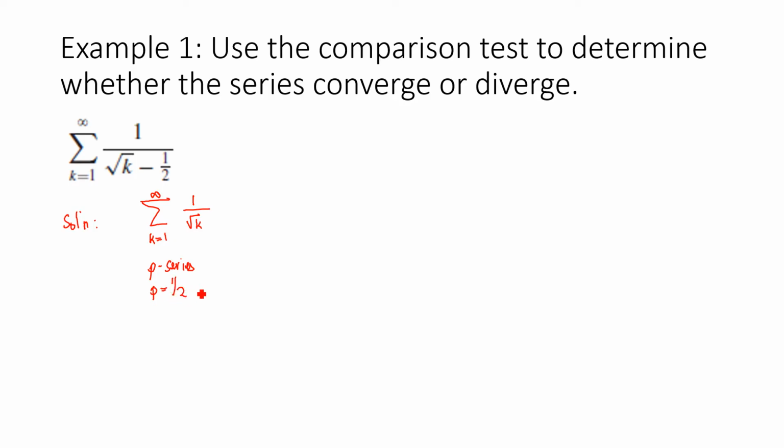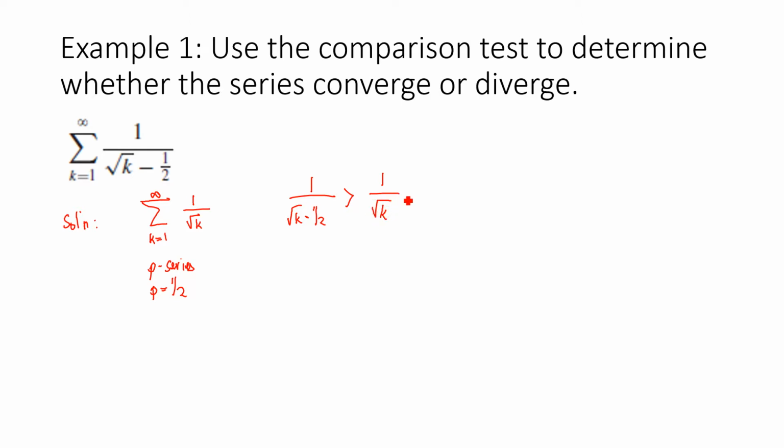Thus, we will guess that the given series diverges and try to prove this by finding a divergent series that is smaller than the given series. However, the series 1 over the square root of k does the trick, since we know that 1 over the square root of k minus 1/2 is greater than 1 over the square root of k.